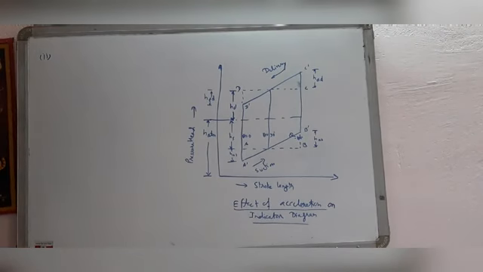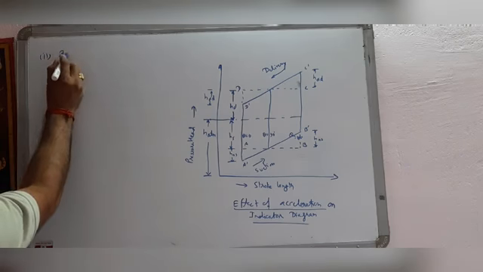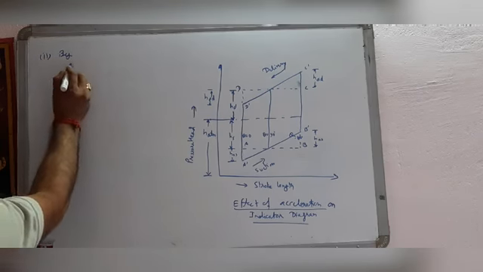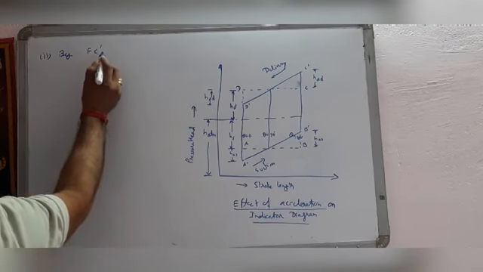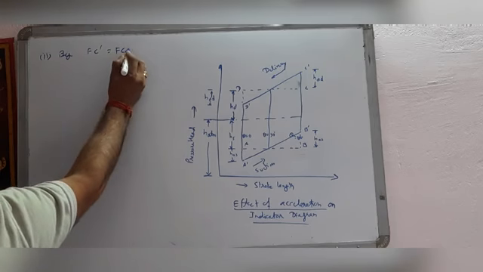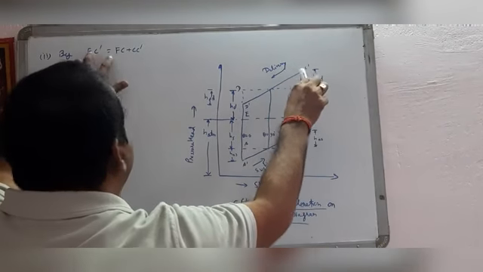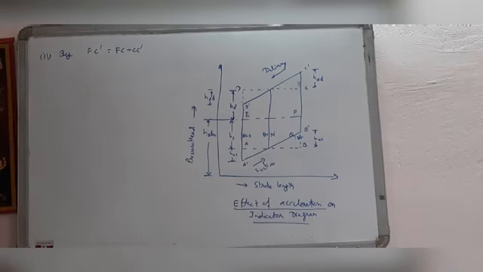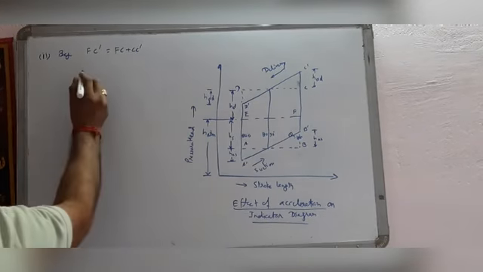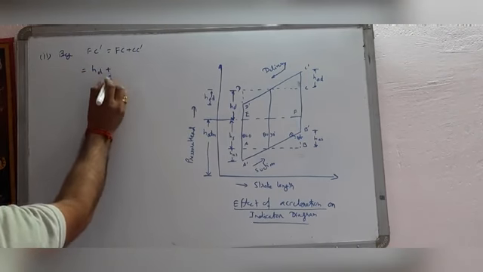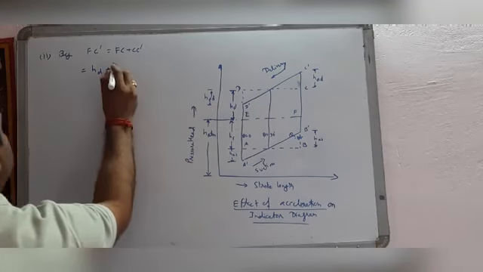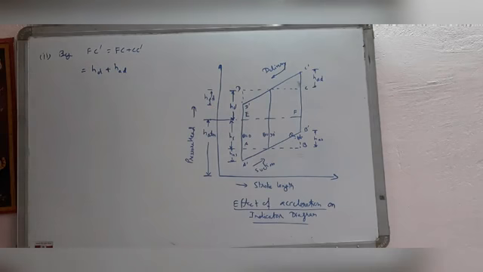So here the pressure head at the beginning of the delivery stroke, that is FC dash equal to FC plus CC dash equal to HD plus HAD, meter of water above atmospheric head.